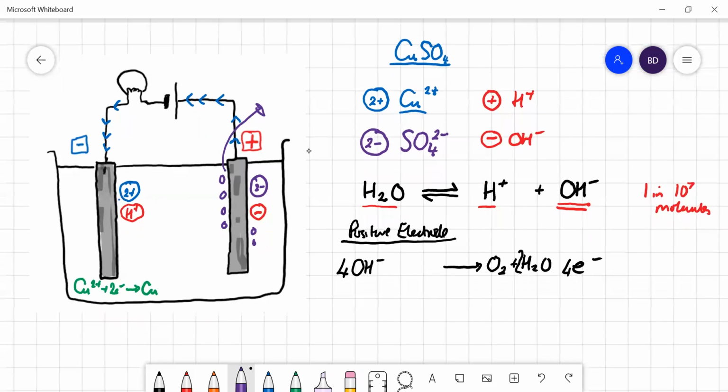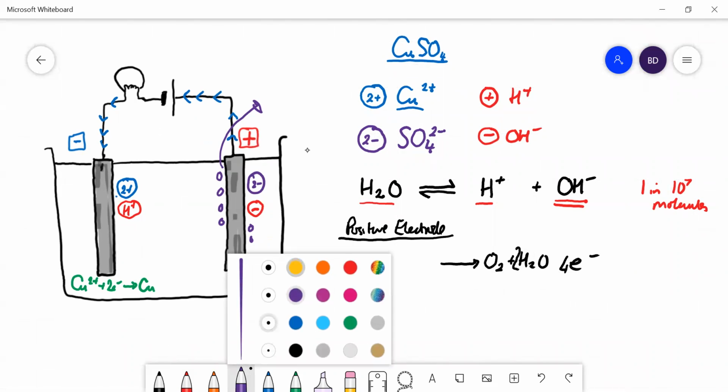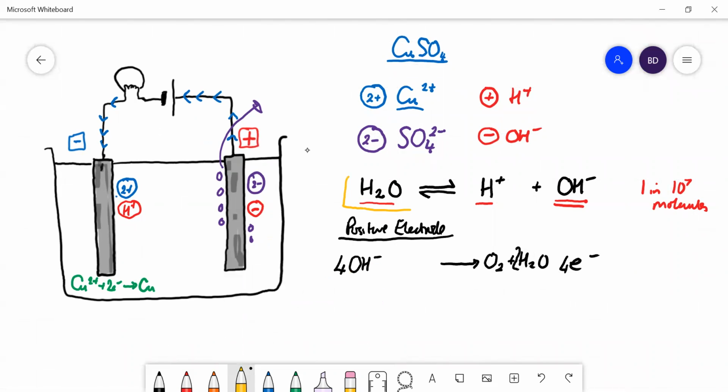We can see we are continually splitting up water here. And those OH minus ions are getting removed. If you keep removing the OH minus ions, as we said before, that will push this equilibrium forward. So more and more water will keep splitting up as you remove the OH minus ions.